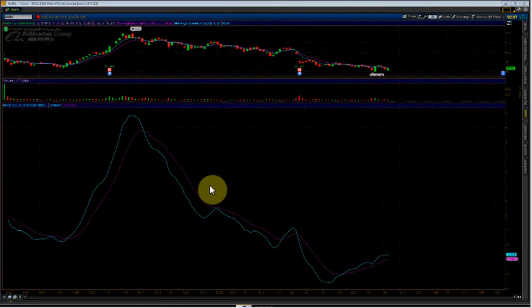It's a comparison between the convergence points and divergence points of two exponential moving averages in comparison with volume and a directional average. What that really means is it's not simple like a simple moving average.